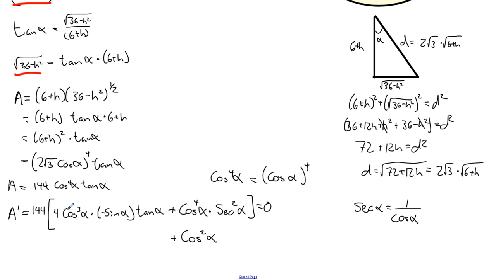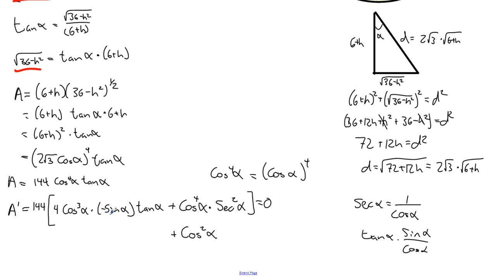And then let's see here, remember that tangent alpha is sine alpha over cosine alpha, and so I've got a negative sine on the top.